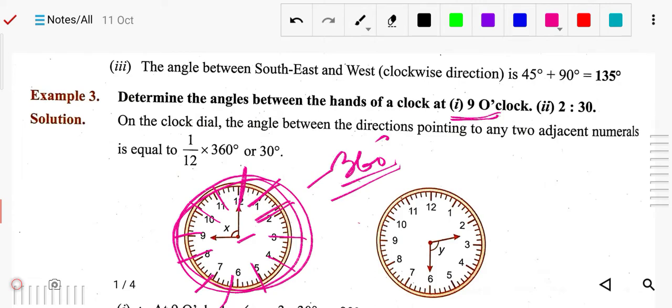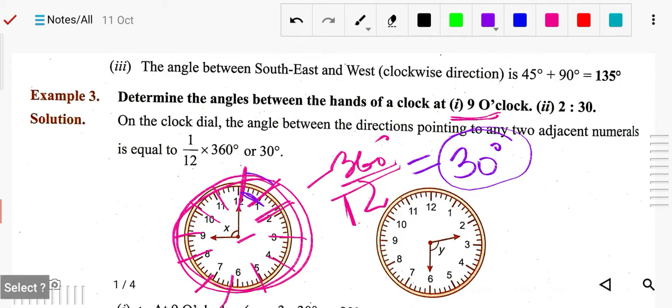So you divide 360 by 12 and you get 30. It means from one number to the next, between any two adjacent numbers, there is a total of 30 degrees. So the clock is divided by 30 degrees each.